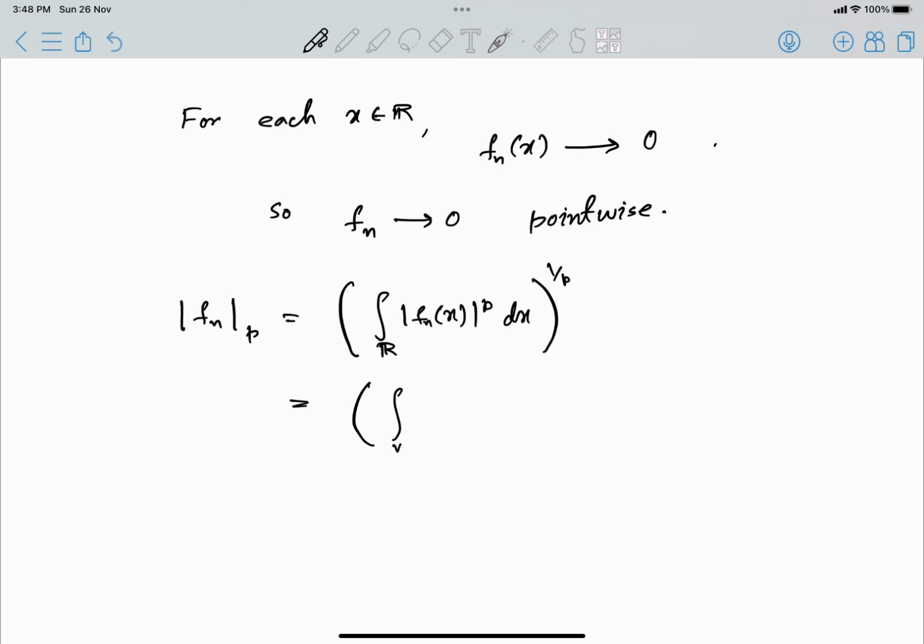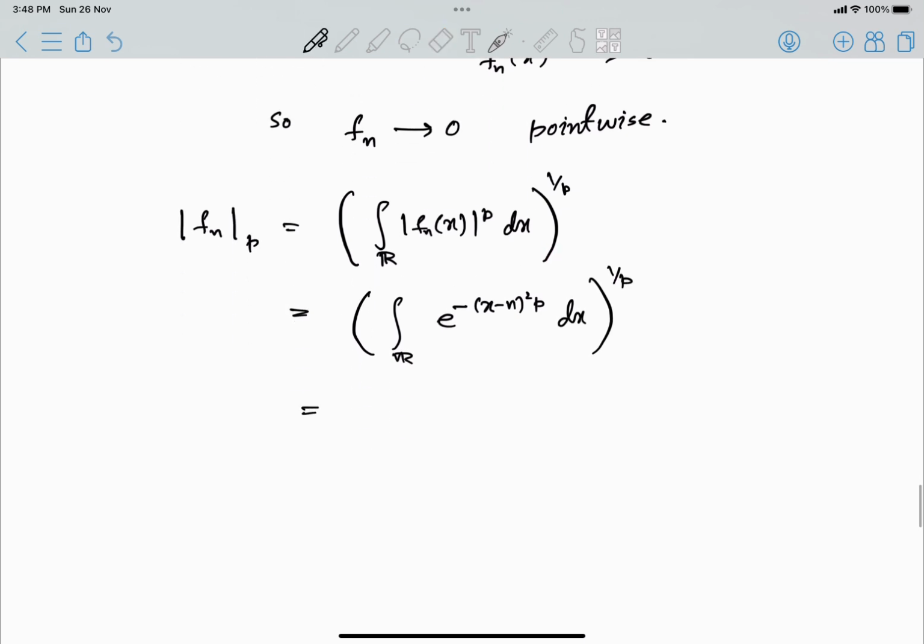So what is f_n? It is the absolute value of e to the power minus (x minus n) squared, to the power p, and this is a positive function, dx. For fixed n, n is constant, and Lebesgue measure is translation invariant, so you can make the change of variable x goes to x plus n. Then it will be the integral of e to the power minus x squared, to the power p, dx.